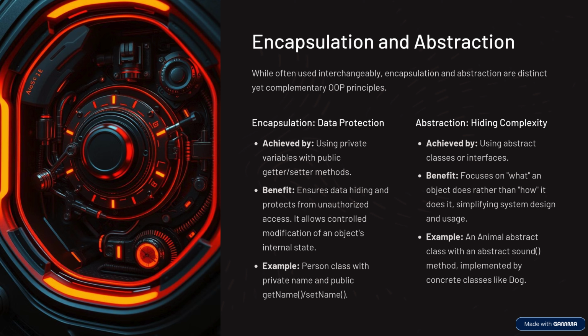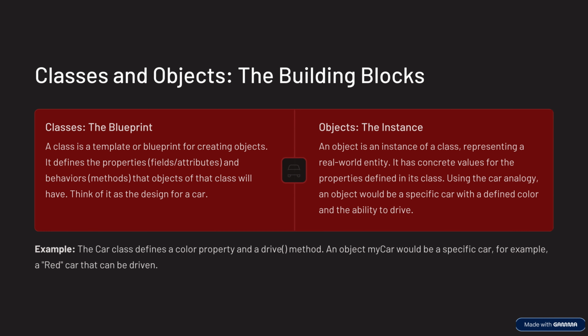Benefit of abstraction: focuses on what an object does rather than how it does it, simplifying system design and usage. Benefit of encapsulation: ensures data hiding and protects from unauthorized access. It allows controlled modification of an object's internal state. Example of abstraction: an Animal abstract class with an abstract sound method, implemented by concrete classes like Dog. Example of encapsulation: a Person class with private name and public getName, setName.